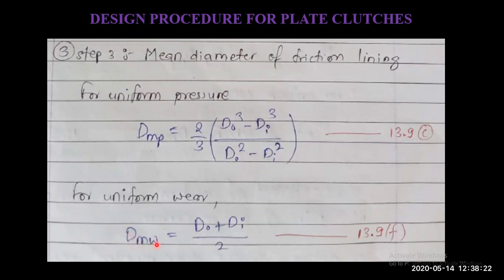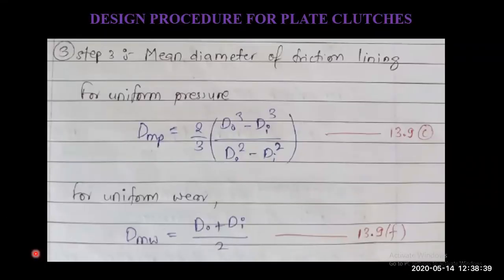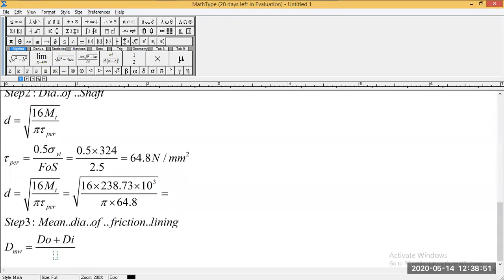So DMW means mean diameter considering uniform wear. DMW equals a fraction: d naught plus di, over 2, the average.